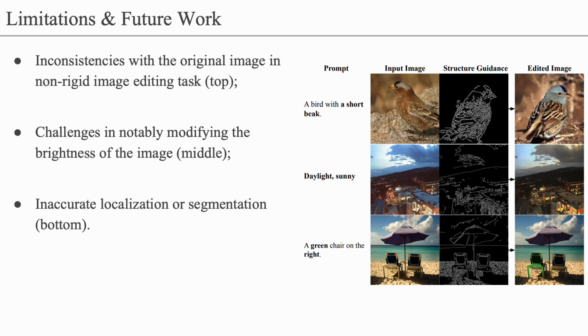Second, it is challenging for our method to change the brightness of the input image significantly. Third, the target object may be localized and segmented inaccurately in complex scenes. Understanding the objects and relationships in the image is required to better address complex scene image editing.